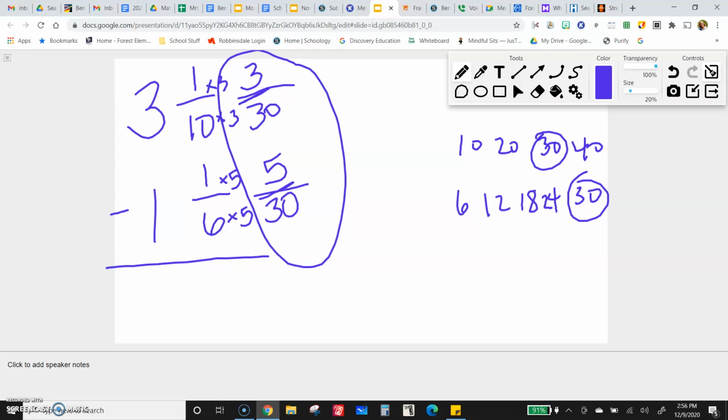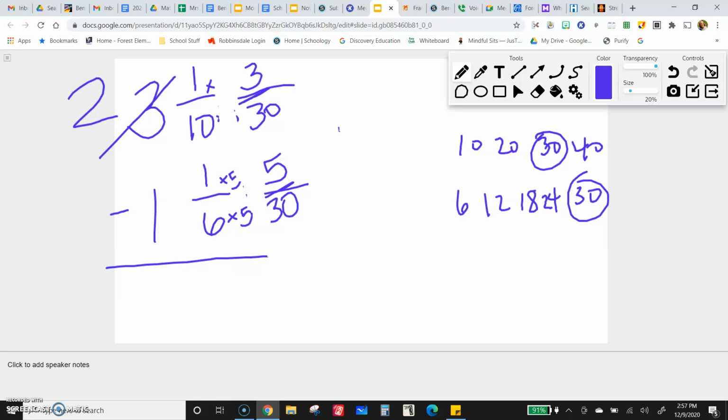So now here's where it gets a little tricky. Not too tricky, but a little bit. We're going to regroup. Now the thing with regrouping with fractions, I'm going to go over to my whole number and borrow one, 2. But I cannot just put a 1 in front of my 3 like I would normally. If I'm taking a whole number away from here, I need to add on 1 whole.